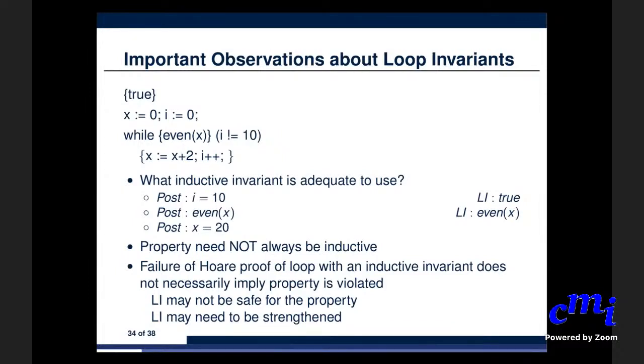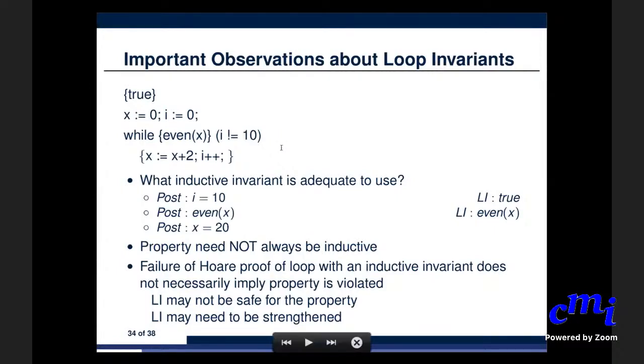The program might be correct, but the predicate you have proposed as the loop invariant may not be strong enough for the post predicate. Therefore, a violation of the exit check for a particular predicate that you propose doesn't necessarily mean that there is a bug in your program.